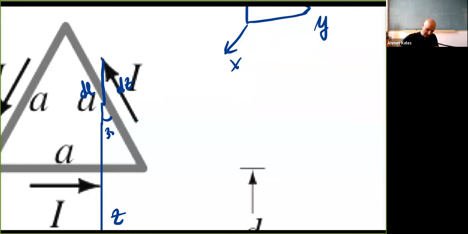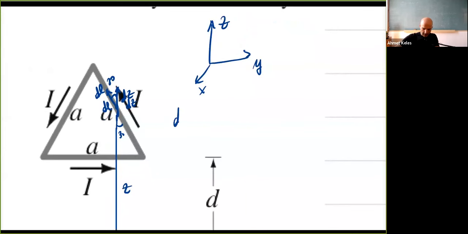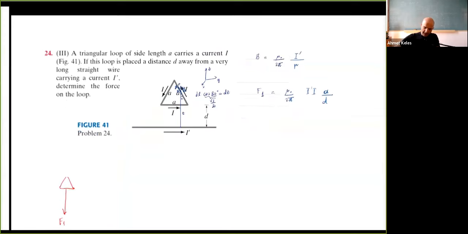So this one is DZ, this one is DL, and I'm trying to write DL in terms of DZ, and the angle is 30. So DL times cosine 30 degrees is going to be equal to DZ. And cosine 30 is, I think, square root of 3 over 2. So let's keep that in mind.